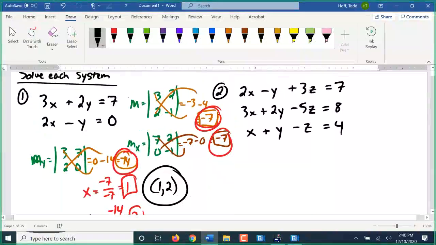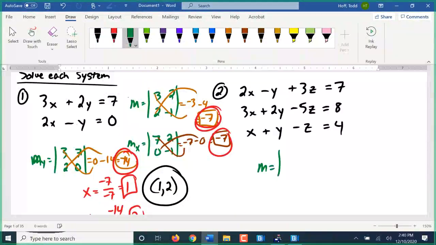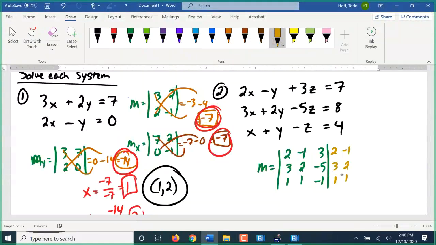Well, for number 2 over here, it's going to be a little more complex. For our base matrix: 2, 3, 1, negative 1, 2, 1, 3, negative 5, negative 1. It's 3 by 3, so we're going to have to bring over the first 2 columns.